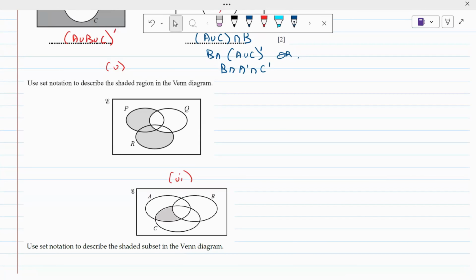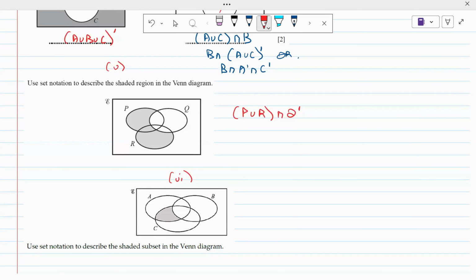P union R union Q complement. P union R is correct, and you are removing Q from it, right? So removing Q from it means it would be intersection Q complement because you are removing Q from P and R, isn't it?